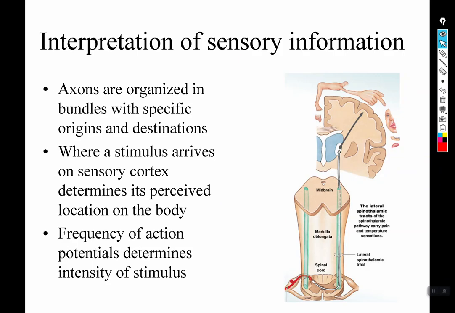So, interpretation of sensory information. This involves the primary sensory areas and then their corresponding association areas, right? Axons are going to carry the sensory information in bundles, groups, that are traveling to a common or specific destination.